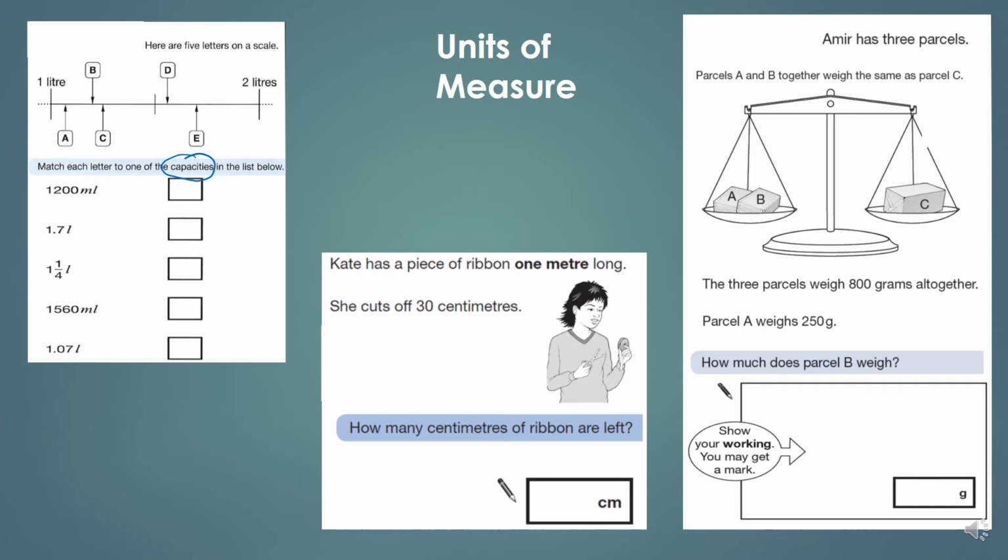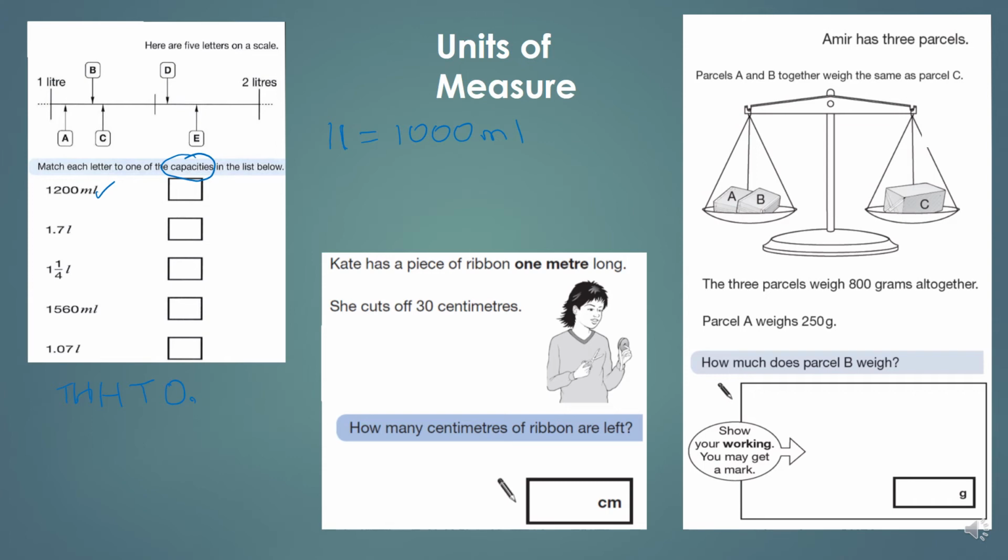Now we need to make all of these the same, and 1 litre equals 1,000 millilitres. So that will help us. So the first one's okay. So the next one, if we use our place value, put ones or units, whichever you prefer.